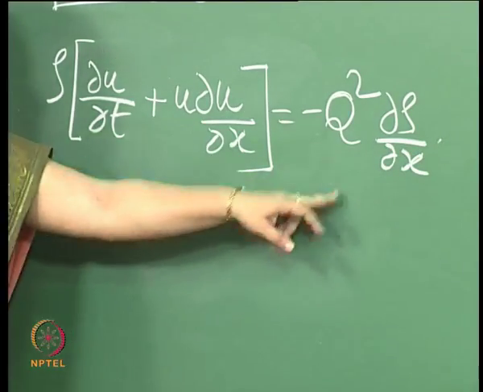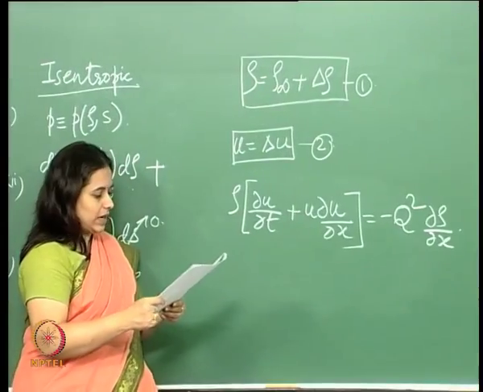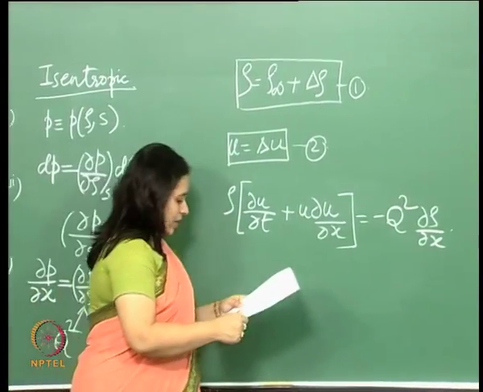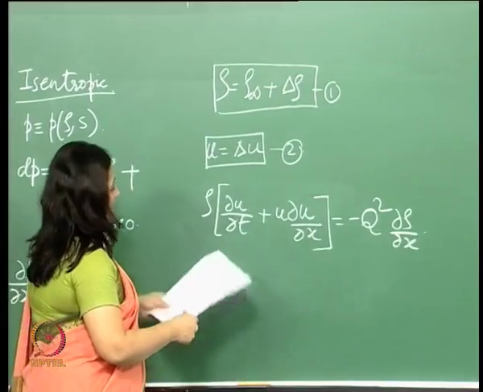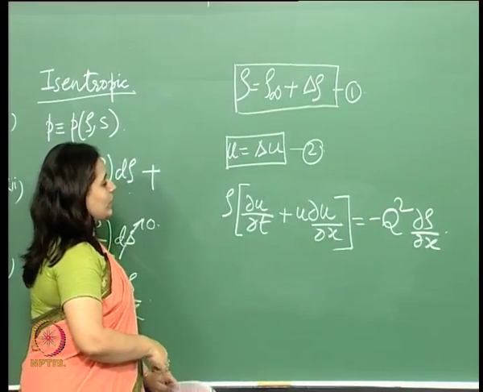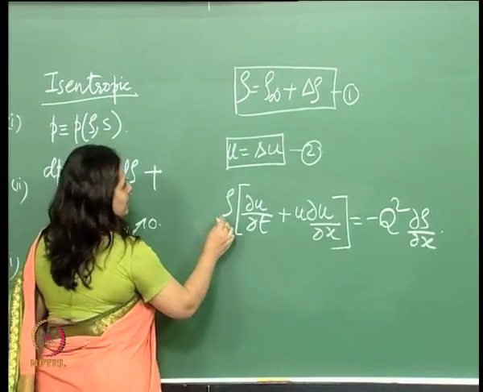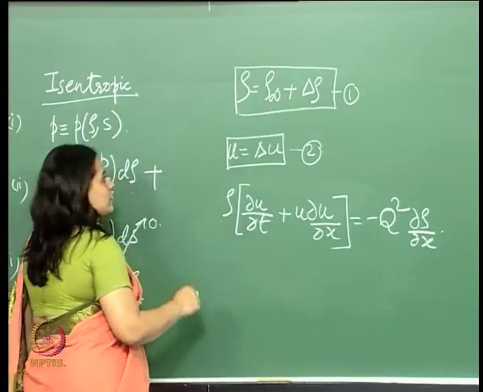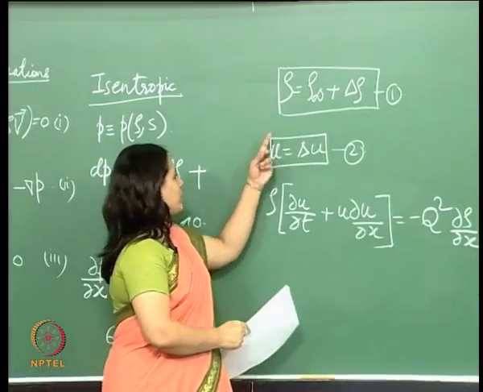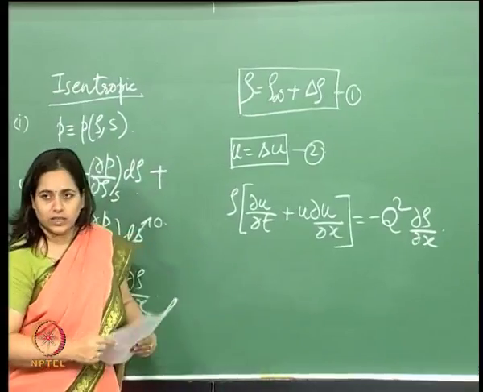So now again what we have here is density and velocity. Now let us go ahead and again incorporate 1 and 2 into this equation.